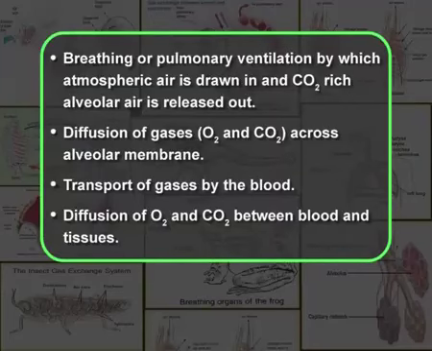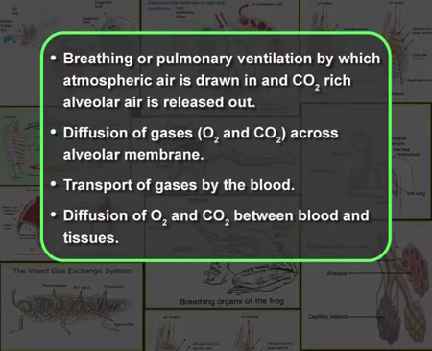Now, after discussing the respiratory organs, students, I will explain the mechanism of breathing. But before that, I will list some essential points. First of all, there is breathing or pulmonary ventilation, by which atmospheric air is drawn in and carbon dioxide rich alveolar air is released out.